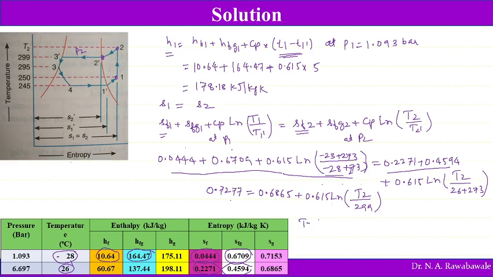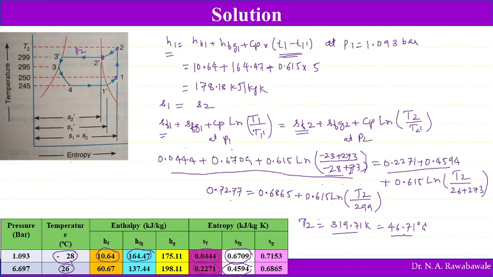On simplification, T2 is equal to 319.71 degrees Kelvin, or in degrees Celsius, minus 273, which gives us 46.71 degrees Celsius. So the temperature in Kelvin is 319 and in Celsius 46.